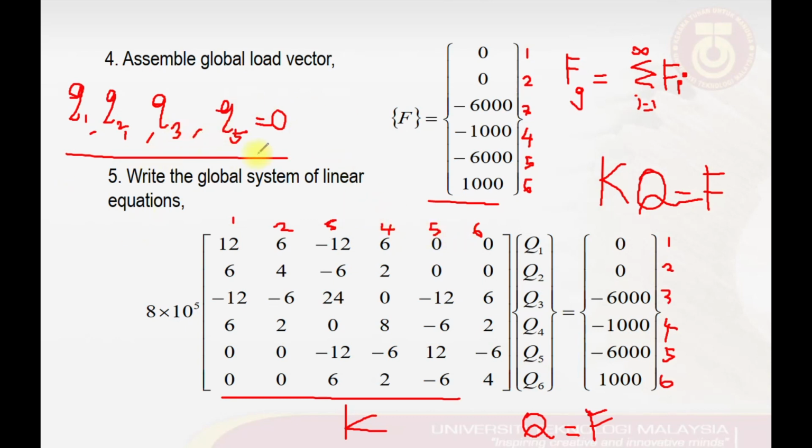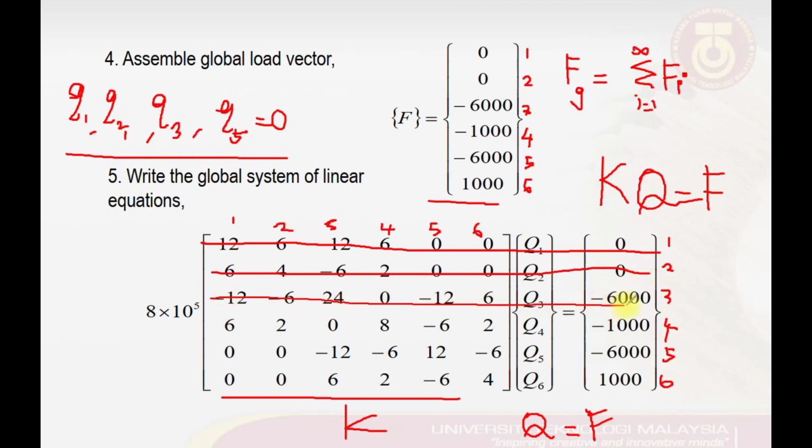For the known displacements Q1, Q2, Q3 and Q5, which are equal to 0, to write a reduced system of linear equations, we can eliminate the whole rows 1, 2, 3 and 5, and the whole columns 1, 2, 3 and 5 as well.